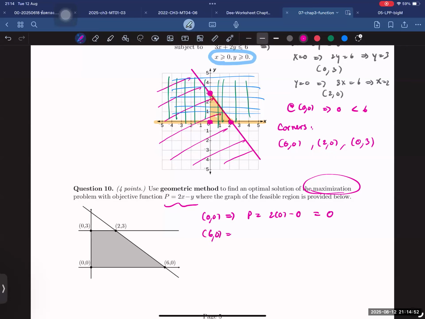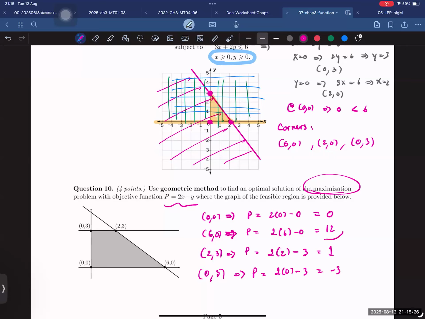At 6, 0, we get P is 2 times 6 minus 0, which is 12. At 2, 3, P is 2 times 2 minus y, which is 3. So we get 4 minus 3, which is 1. And at 0, 3, we get P is 2 times 0 minus 3. So we get negative 3.